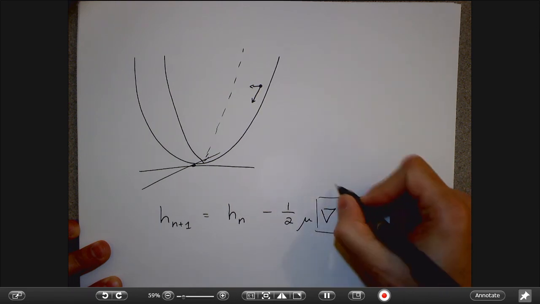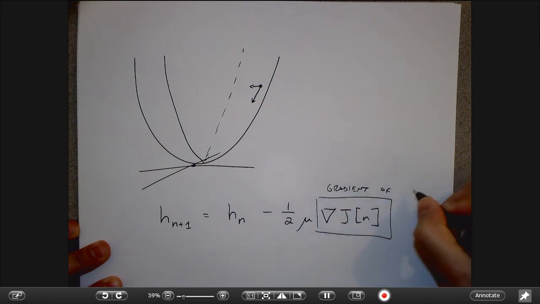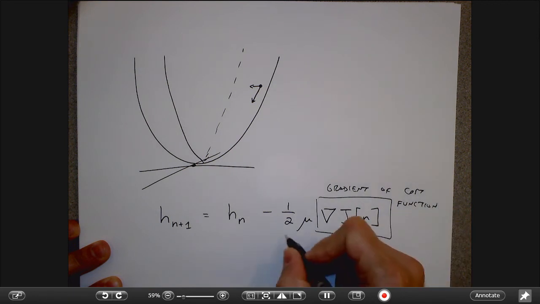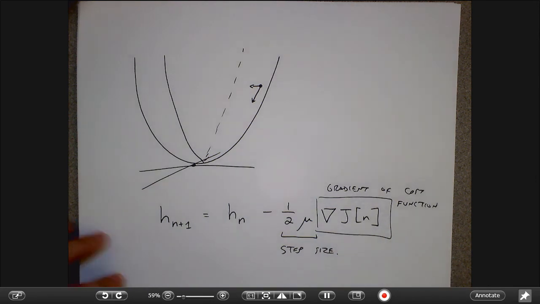So basically this is the gradient. And this number here, this mu, is what we call a step size, that controls how much of a step I take along the gradient. Any step that I take in the direction of the gradient will reduce my cost function locally.